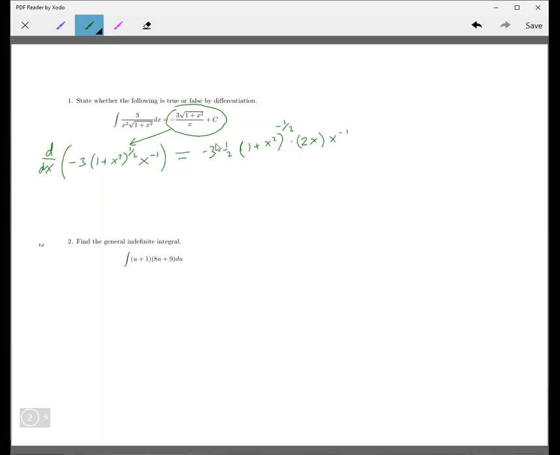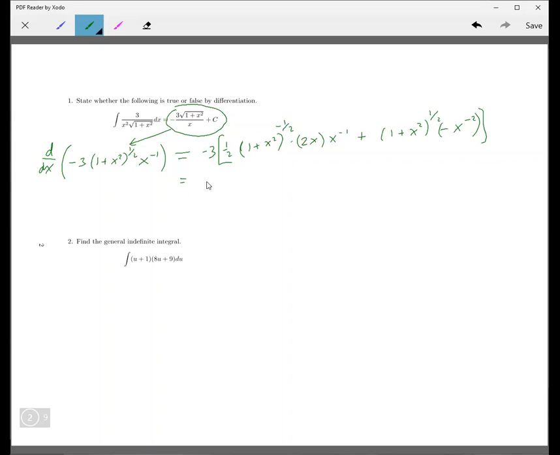Then you have the derivative of this times this one. I factored the -3 all the way out, so I don't have to worry about that. So I'm just going to write 1 plus x squared to the 1/2 times the derivative of this, which is negative, so -1 comes down, and then -1 minus 1 is -2. So you get that.